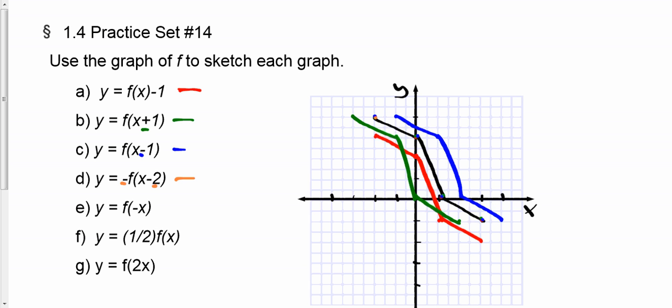So I take this point, I move it 2 units to the right, and then I reflect it about the x-axis. So this is 1, 2, 3, 4 up. I go 1, 2, 3, 4 down, and it's right there. This point moves 2 units to the right, 1, 2, and then it's 3 up. I go 3 down, and it becomes right there.